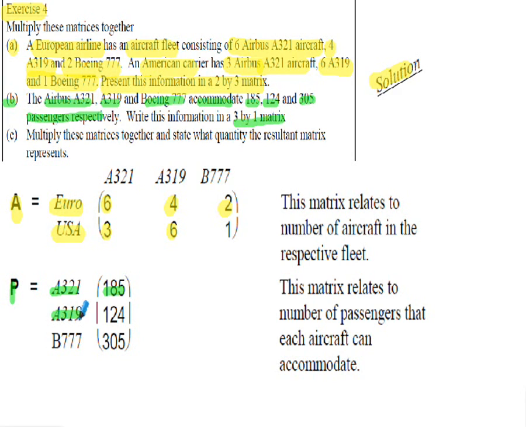For the A319, 124 passengers. And for the Boeing 777, 305 passengers. So now we've written the information from the question for parts A and B in terms of the appropriate matrices. On the next slide we'll look at part C of the exercise.